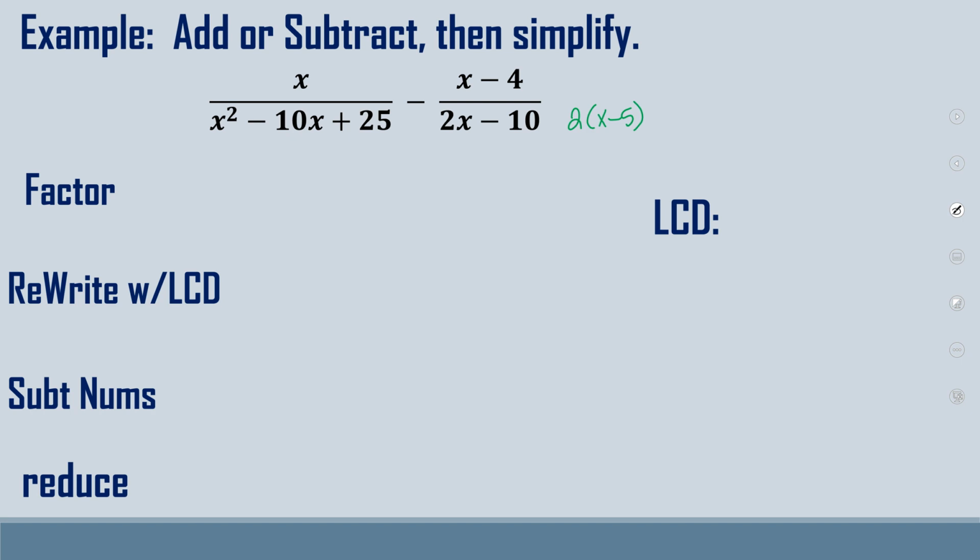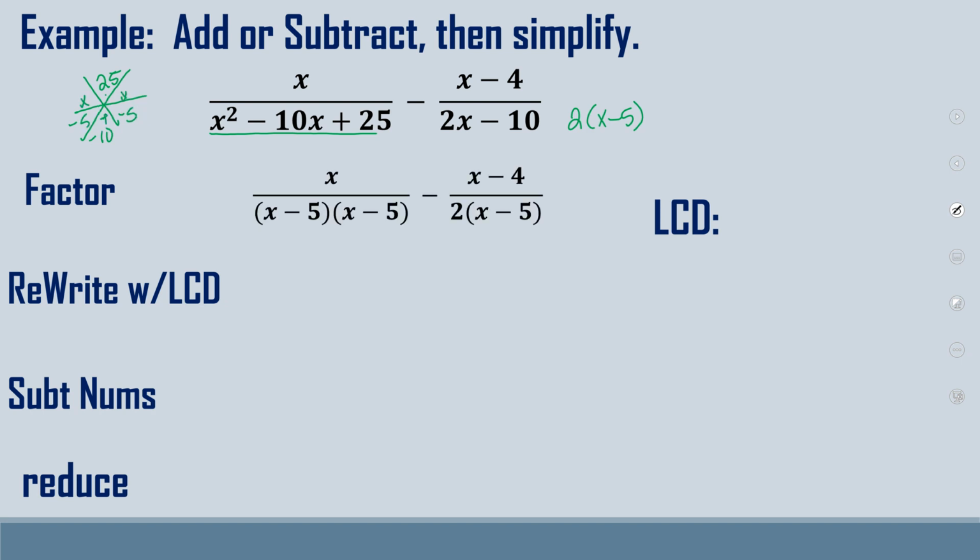Okay, got that one. And then the denominator of the first expression, what multiplies to positive 25 and adds to negative 10? That's got to be a negative 5 and a negative 5. Put your little x's over top. So it's x minus 5, x minus 5. Okay. There are both terms in factored form.